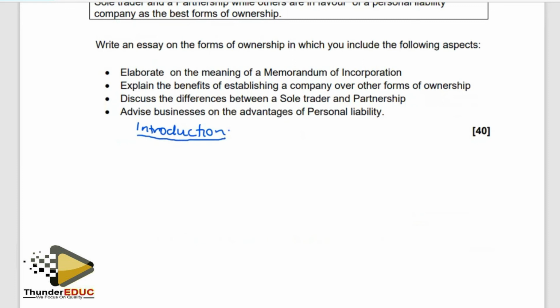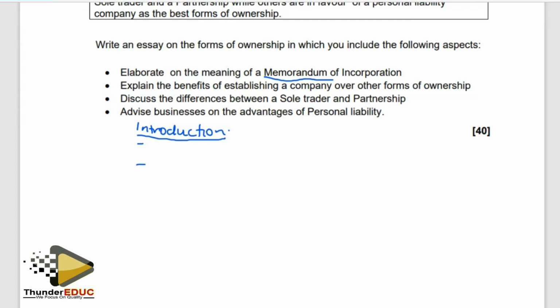After writing the word introduction, we are going to introduce our question. We are supposed to introduce with two clear sentences.